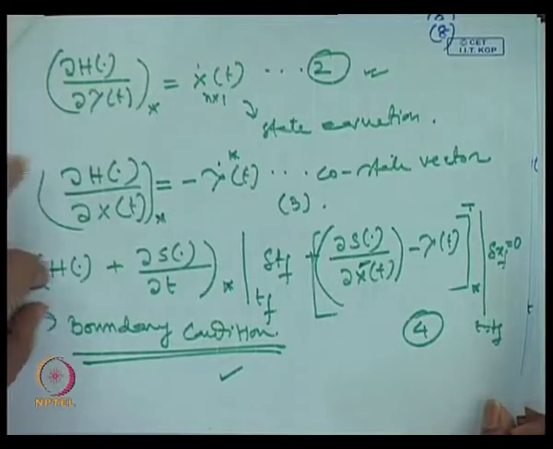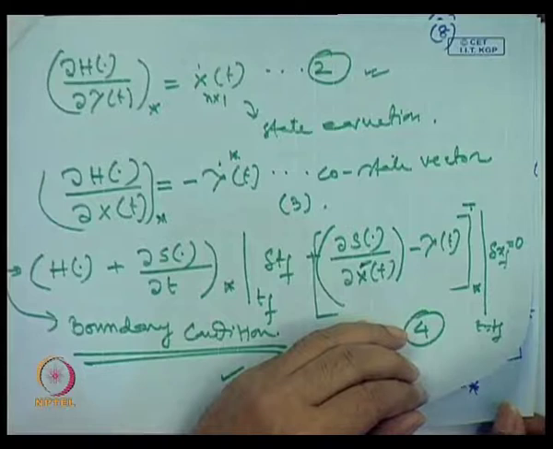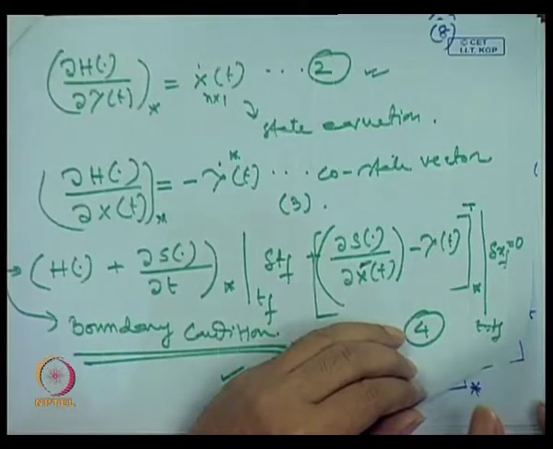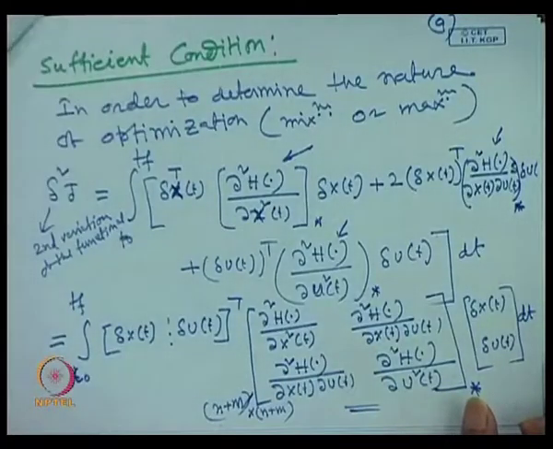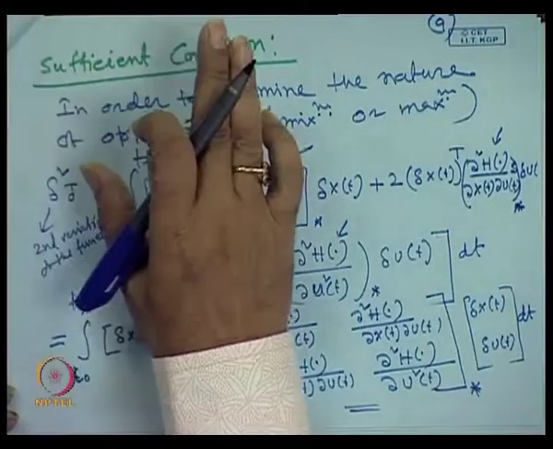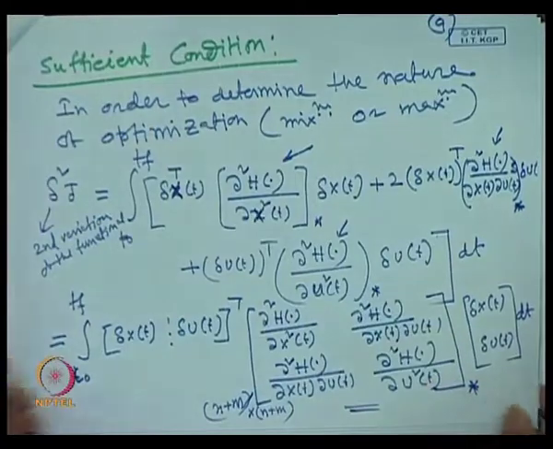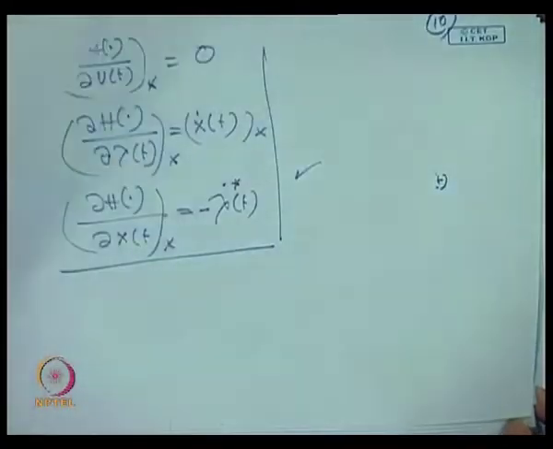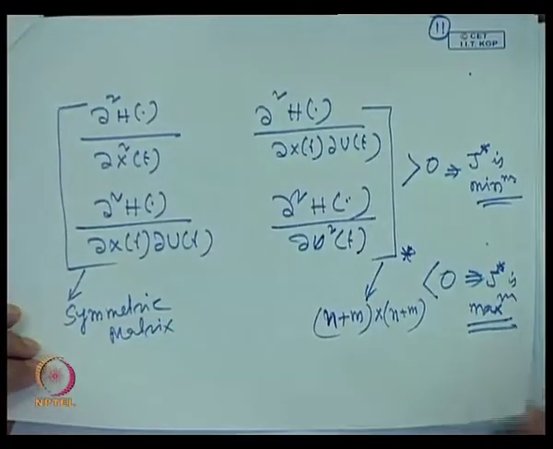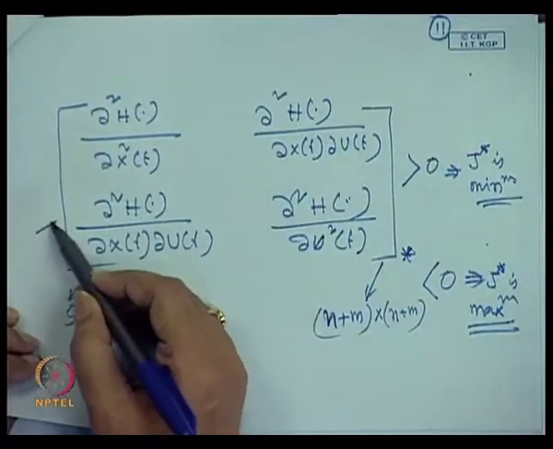these necessary conditions along with the boundary condition to get the optimal solution of our control input, which in turn will give the optimal trajectory of our state, and hence it will minimize or maximize the performance index. We have to check this by considering the sufficient condition, which we have established for whether the cost function is minimized or maximized.